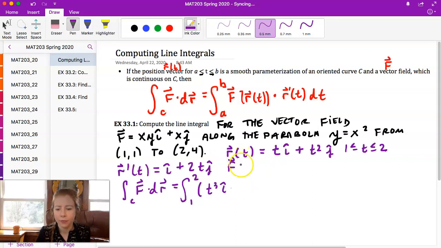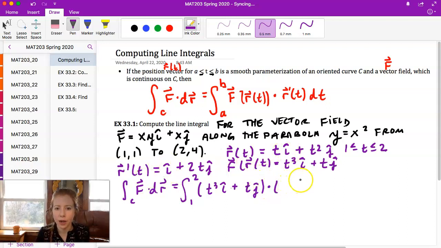So F of r is going to be t cubed i hat plus we have x j hat, and x is just t. Okay, so let's plug that in first. And then we're going to dot that with r prime of t. So that's going to be i hat plus 2t j hat, dt.